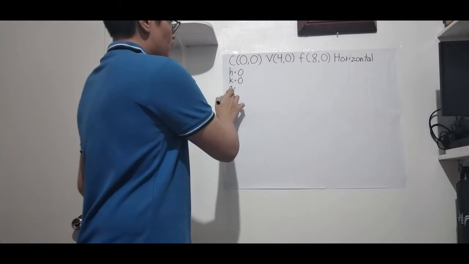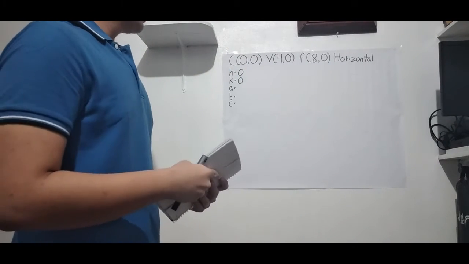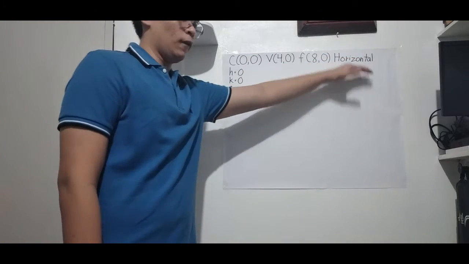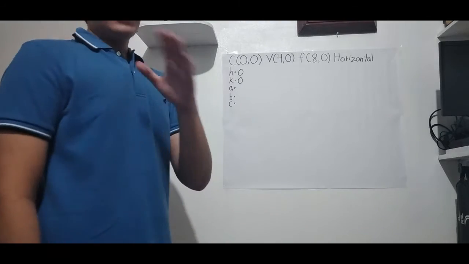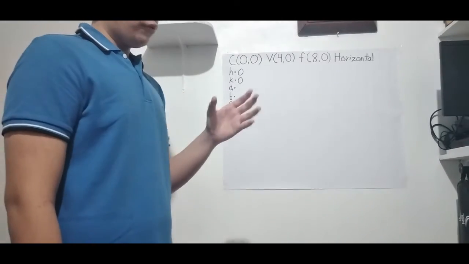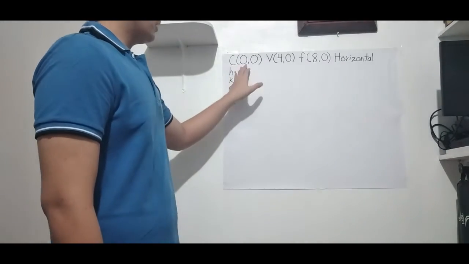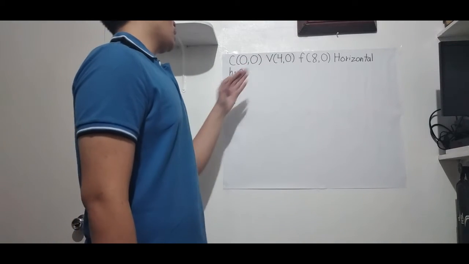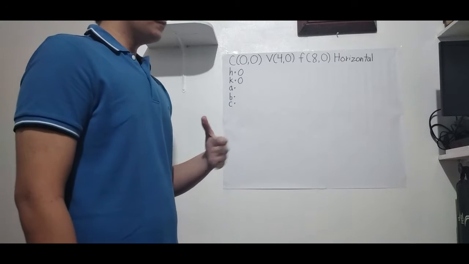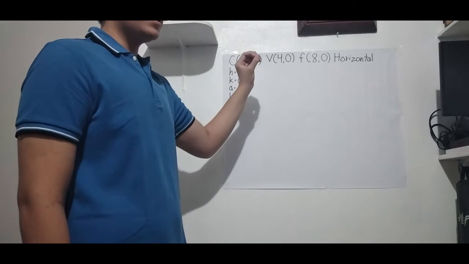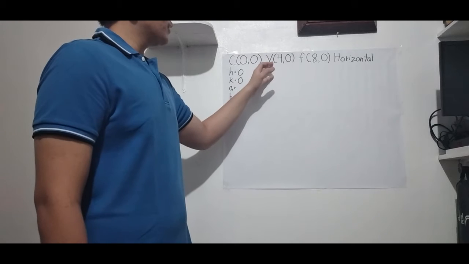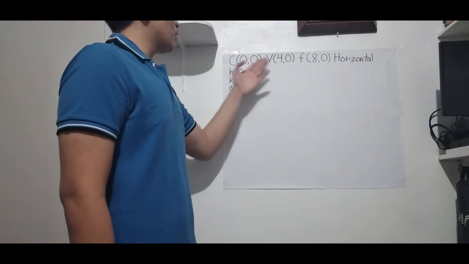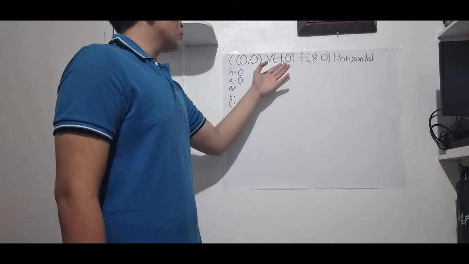Next, we can find a. Normally we can find a from our vertex if it is horizontal. We don't have to solve anything since our center is 0, so by logic, 4 is our a.